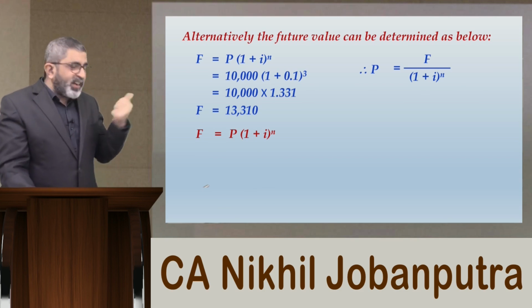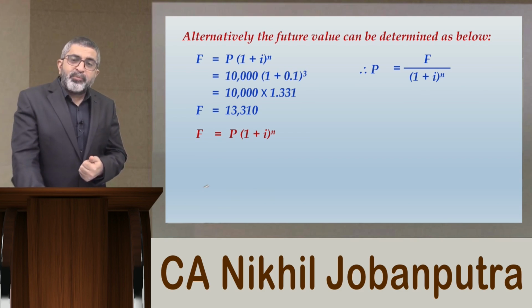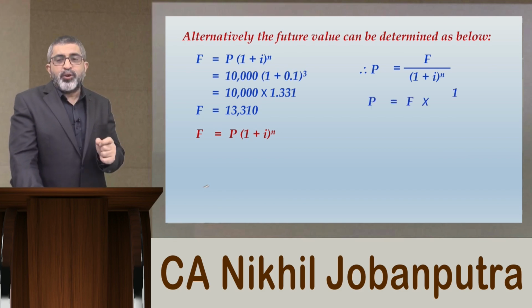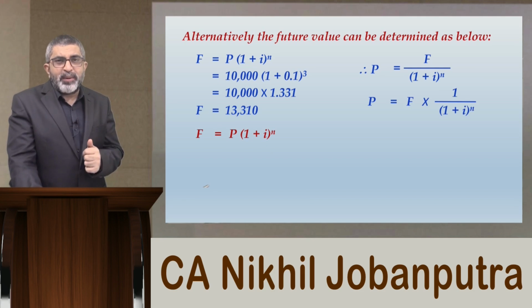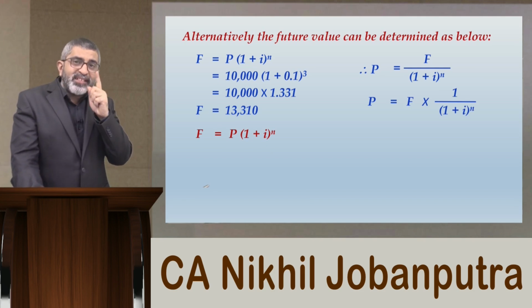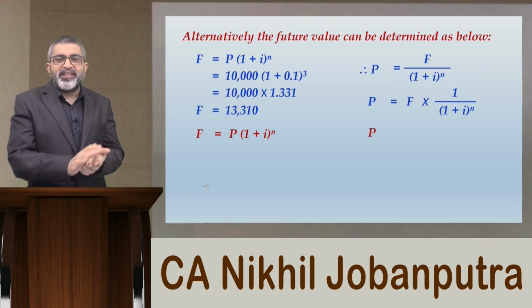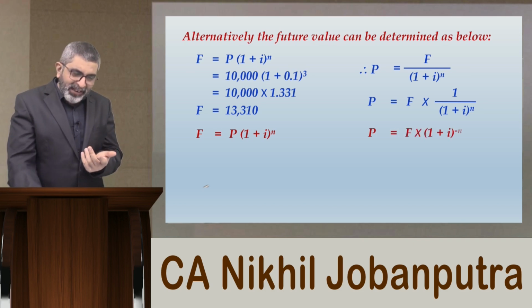As a result, F divided by (1 plus I) raised to N, you can rewrite as F into 1 divided by (1 plus I) raised to N, that is the reciprocal of (1 plus I) raised to N, which can also be written as (1 plus I) raised to minus N.